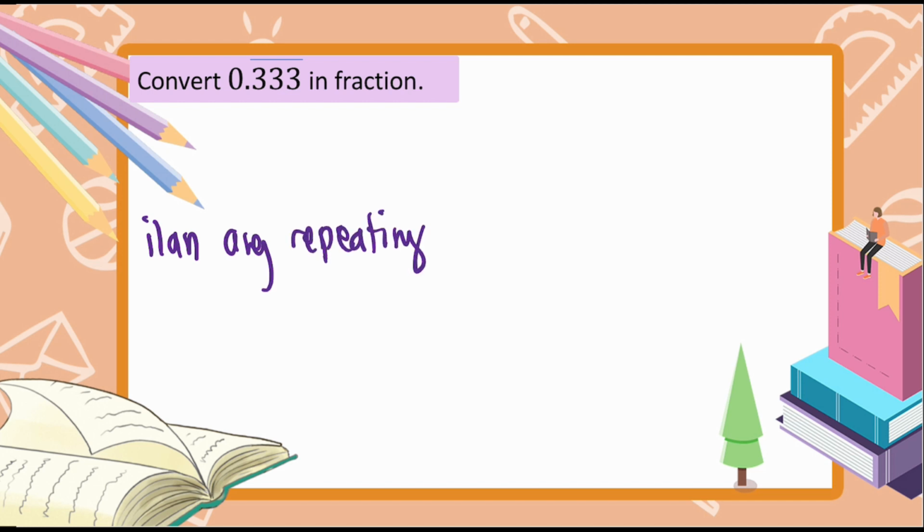So, ang repeating digits lang natin ay isa, which is 3. So, there is only one repeating digit. And dahil isa lang yung nagre-repeat na digits, we are just going to use the denominator 9. Okay, this 9 is constant. Depende kung ilan yung repeating digits. You will find out mamaya. Next, after finding out ilan ang repeating, the next mong titingnan ay ano ang repeating.